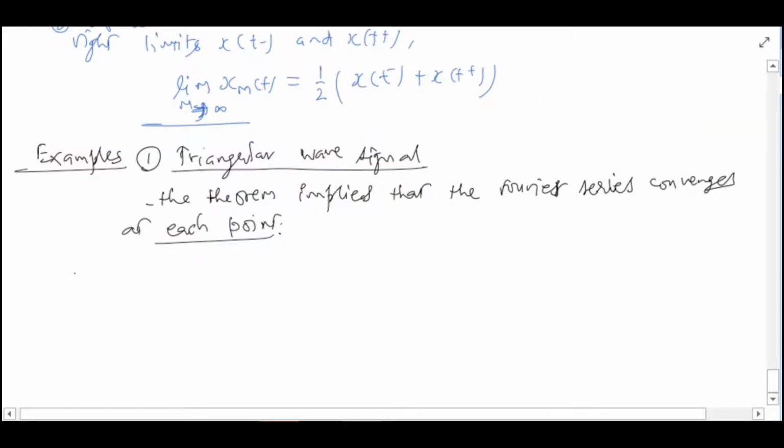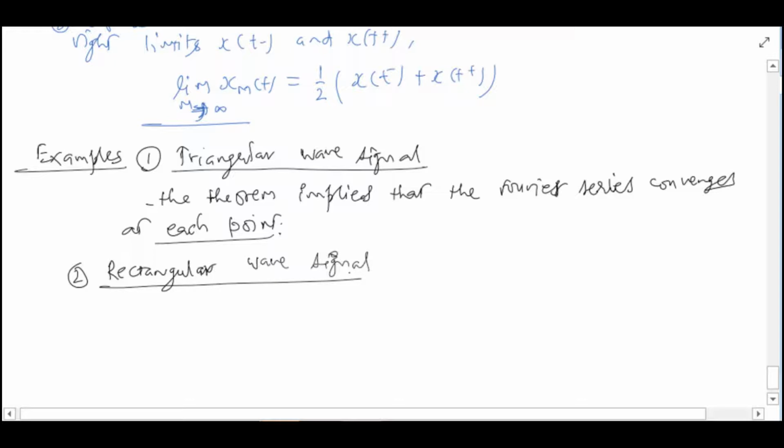On the other hand, if we see the rectangular wave signal, here we see that x(t) is either 1 or 0 or there is a jump.